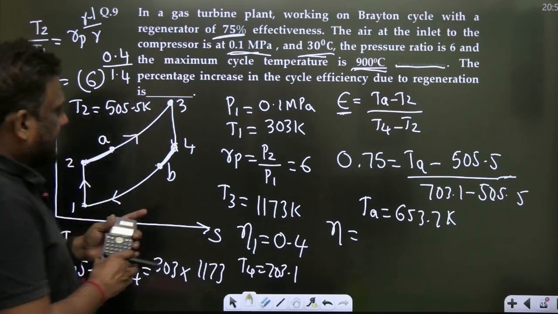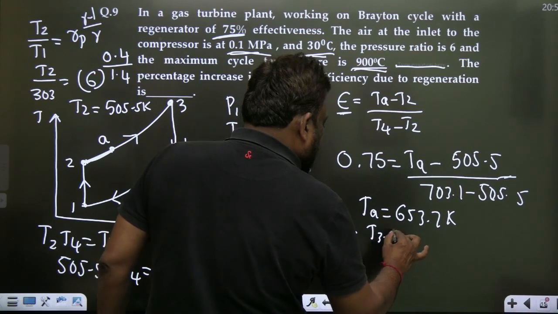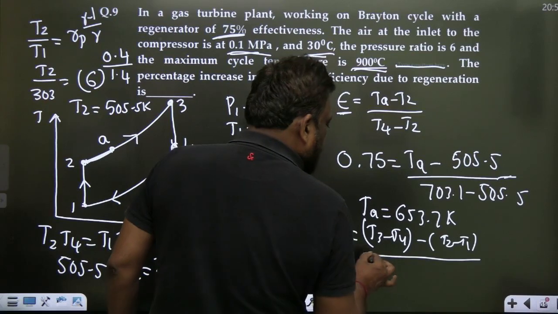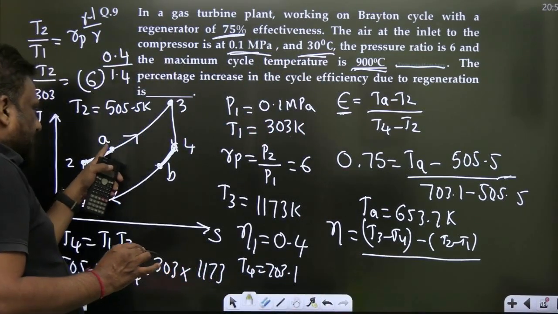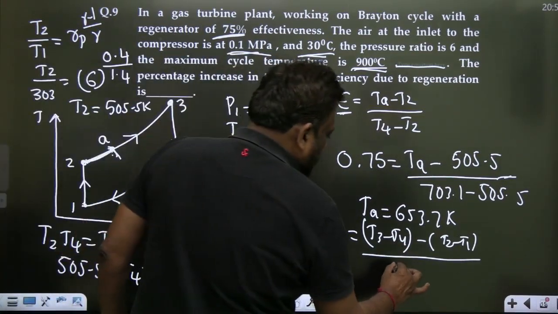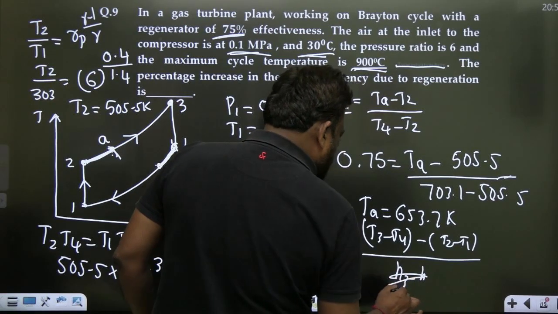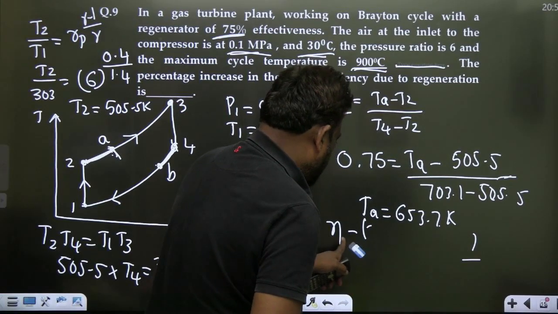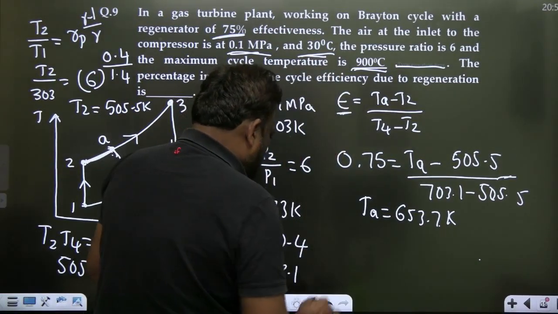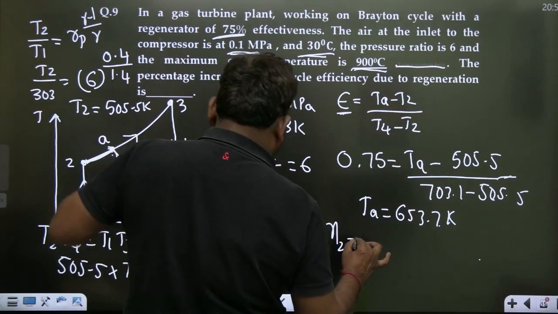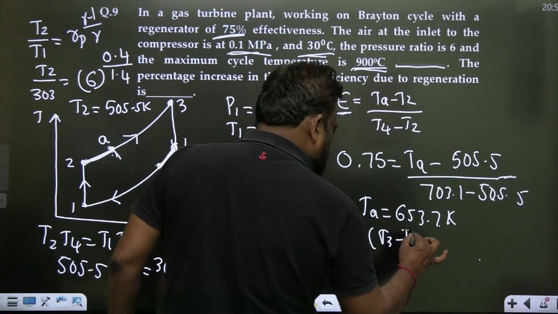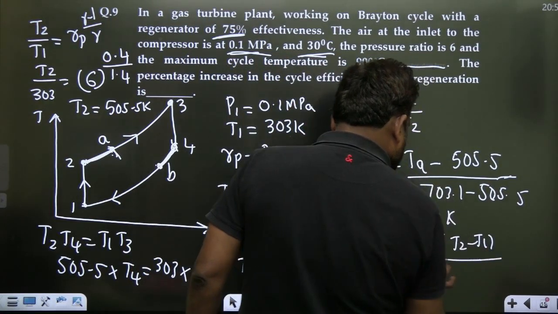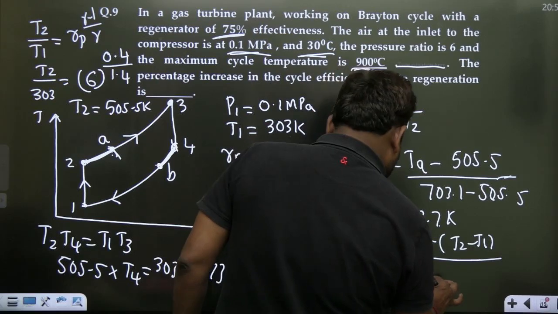Net work is T3 minus T4 minus T2 minus T1, by heat supply from A to 3, that is H3 minus HA; we have removed Cp. So the second case, regenerator efficiency is T3 minus T4 minus T2 minus T1 by T3 minus TA.